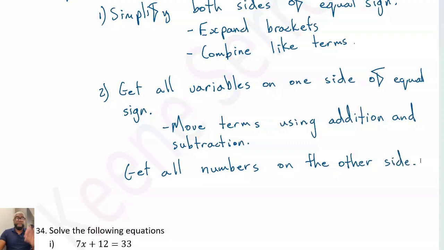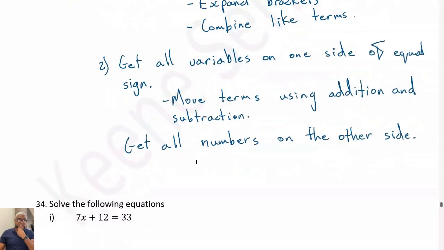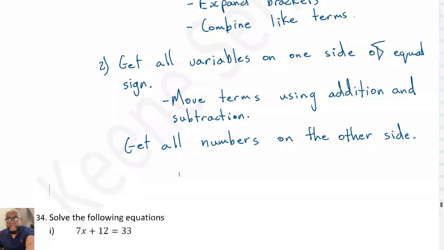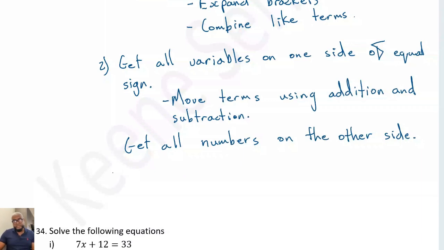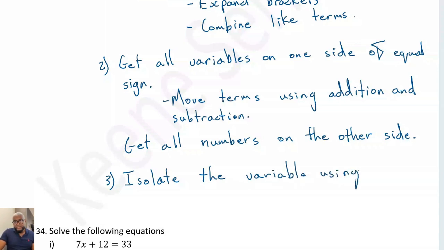All variables on one side, all numbers on the next side. And then I'm going to use the word isolate. So isolate the variable using multiplication or division, right?